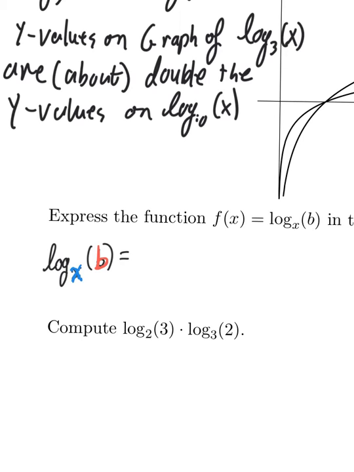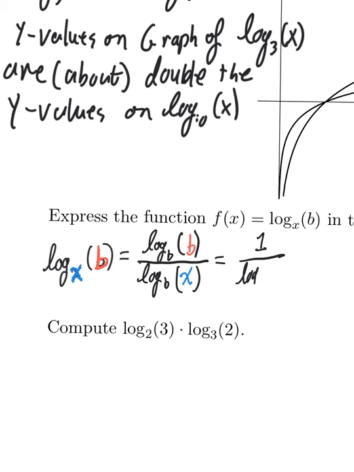The change of basis formula, translated into base b, says that I should get the log base b of the thing that was originally inside of the parentheses divided by the log base b of the thing that was originally in the base. Oh, but let's simplify that a little bit. Log base b of b is 1, divided by log base b of x.